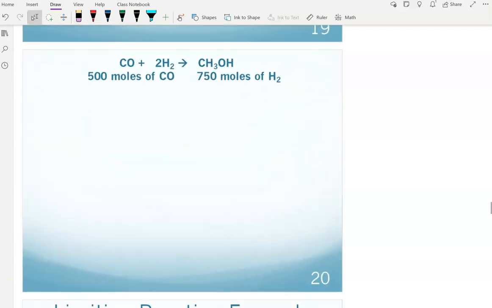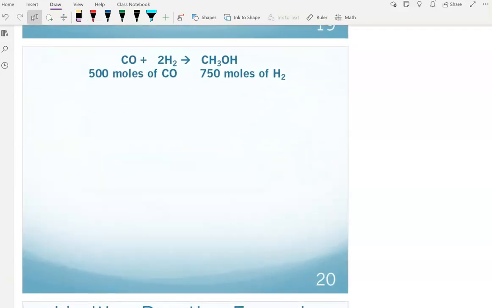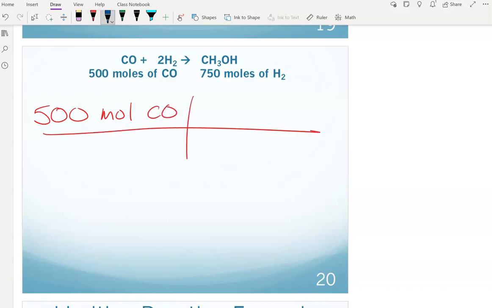So when we do these problems, you're always going to have two picket fences. So we're going to have one for one of the reactants, so 500 moles of CO. And then we're going to have another one for the other reactant, 750 moles of H2.